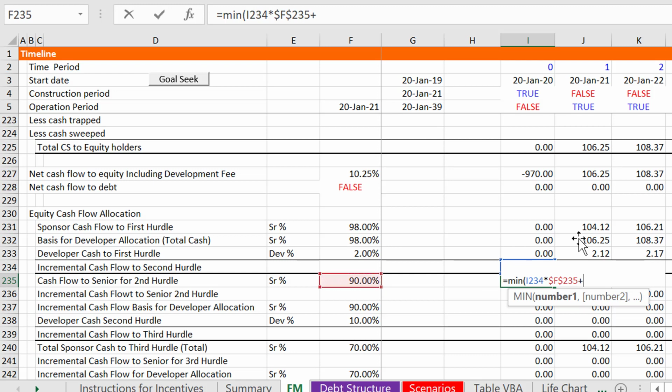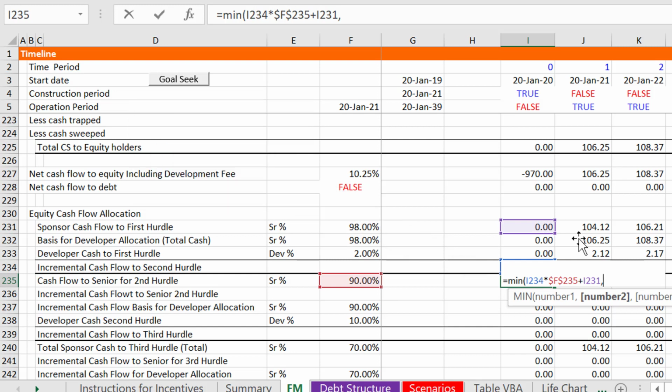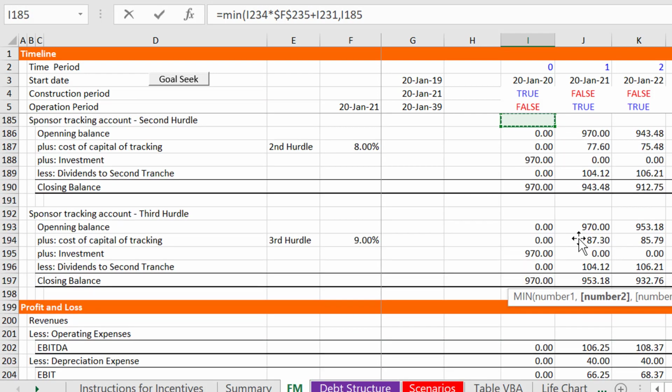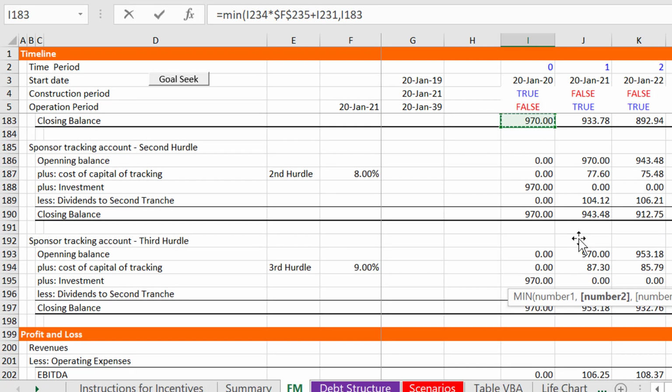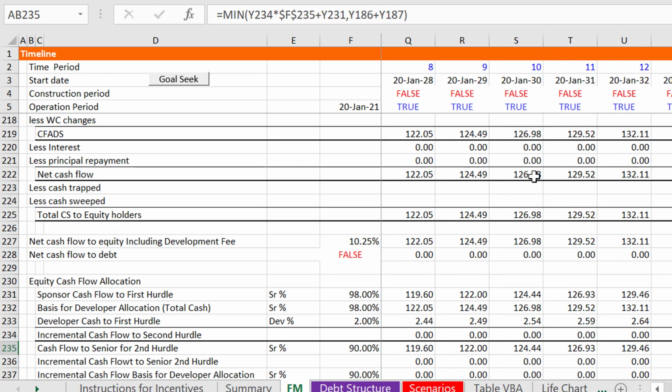We've got to add in the amount you got in the first cash flow, because that 8% that was driving the balance of the tracking account, that 8% was on the total cash flow. So then you go upstairs, and once again you take the initial cash flow plus any amount you make in the tracking. Okay, so I guess you could say that's a little bit complicated of a formula, but tough luck.